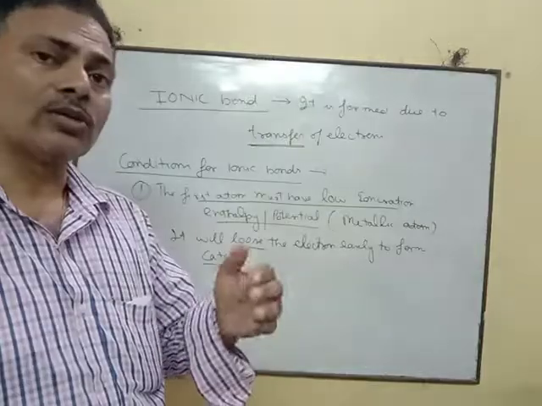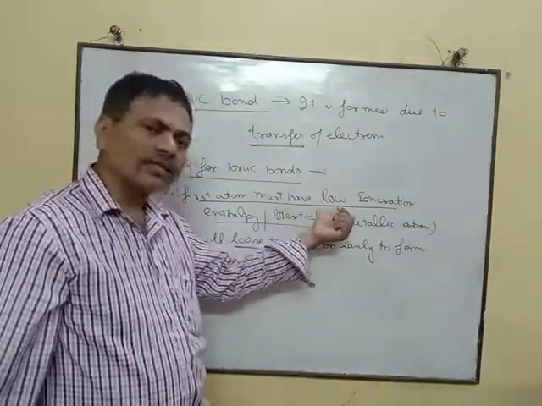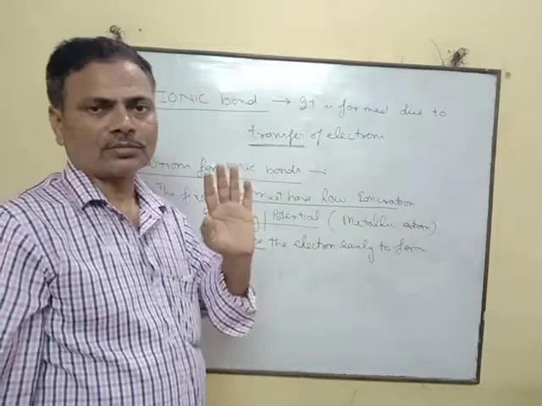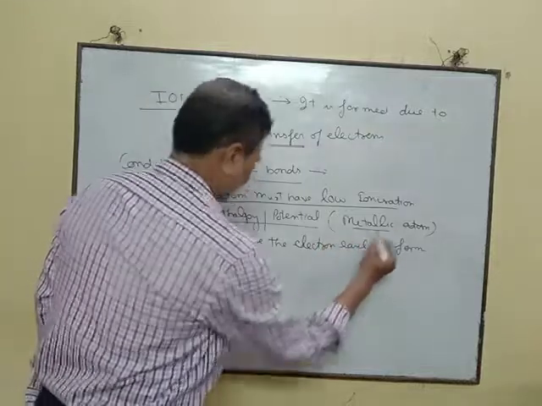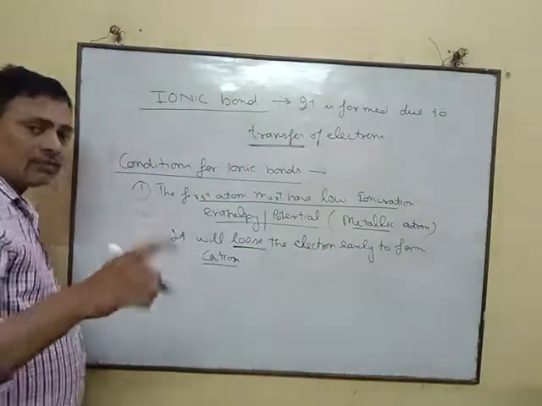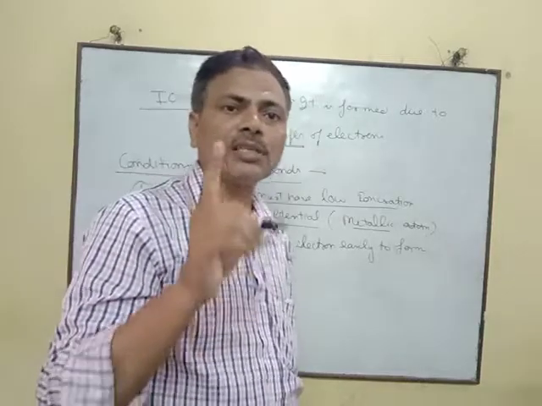The energy required to remove the electron is known as ionization enthalpy. Since it has low ionization enthalpy, it will lose the electron easily. Metal atom will lose the electron to form the cation because metals are good reducing agents.